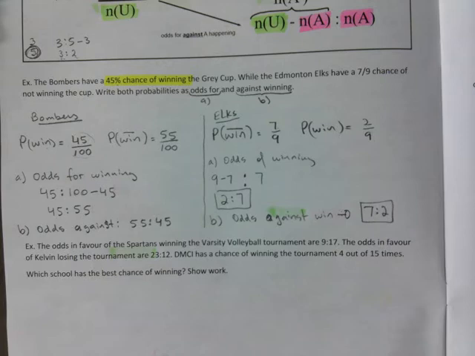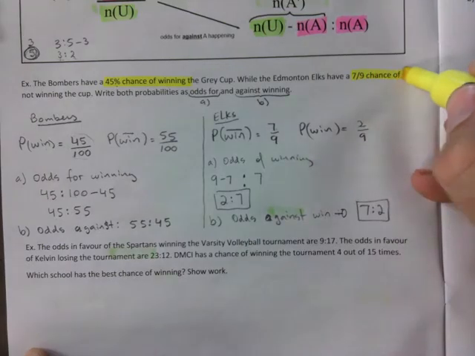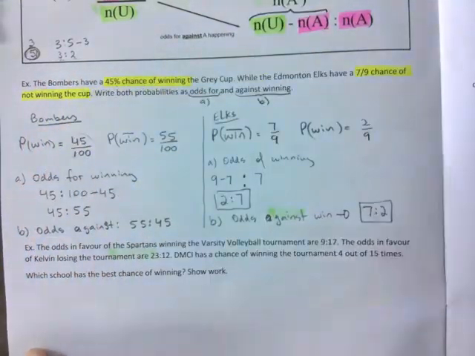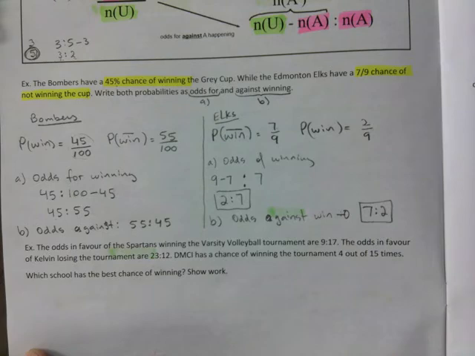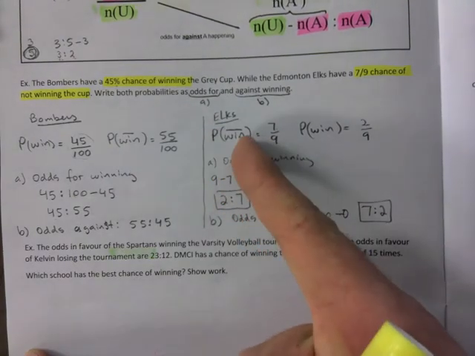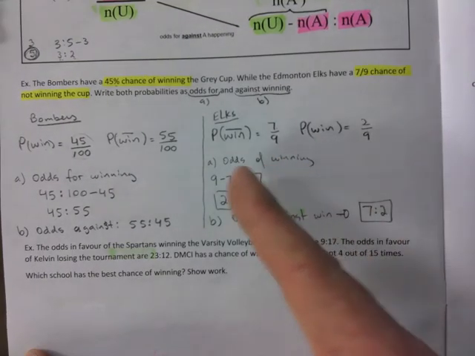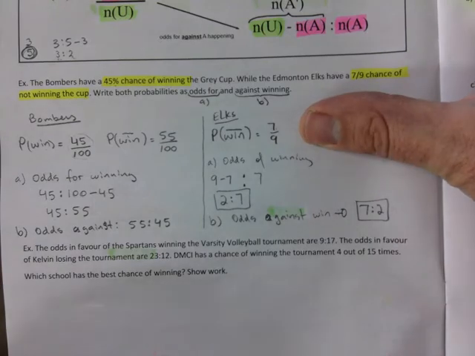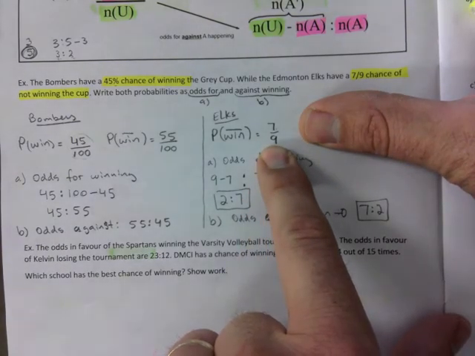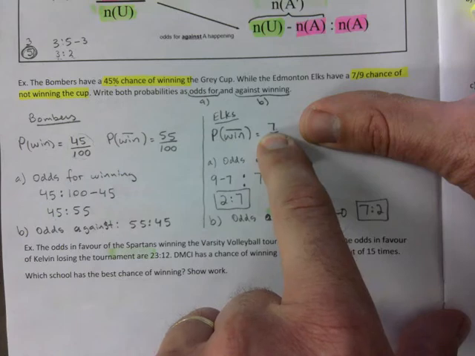Yeah, I did word it so that it's very confusing. You have to really be careful what's happening, right? The chance of not winning the cup, 7/9 of not winning. Okay. So that means that the probability is a not win, right? 7/9, meaning that 2 out of 9 it is winning. So odds of winning, if we're just given that the 7 represents not winning, right?